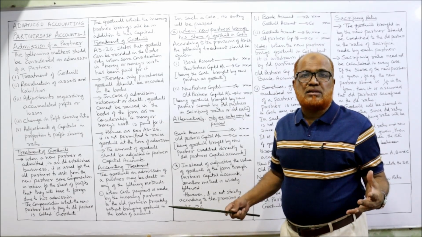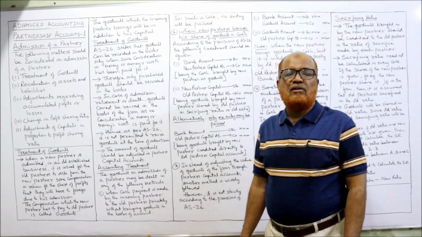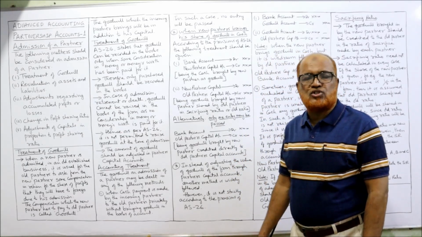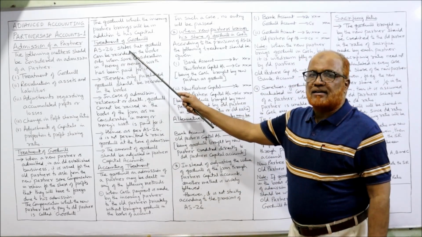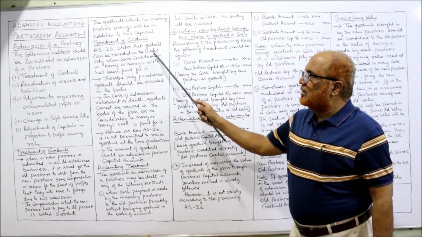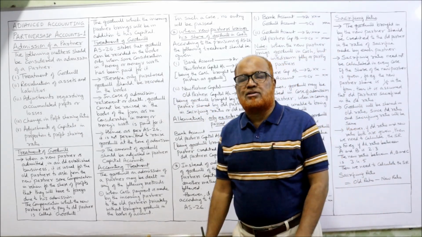How to treat it? Here in India, we have accounting standards given by the ICAI, the Institute of Chartered Accountants of India. According to AS 26, goodwill can be recorded in the books only when some consideration in money or money's worth has been paid for it.